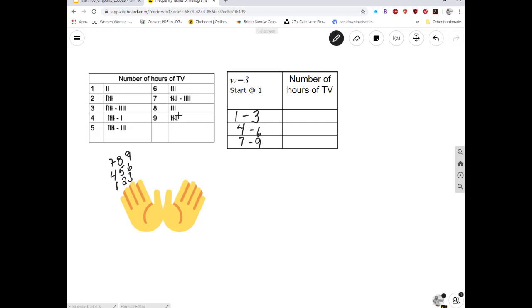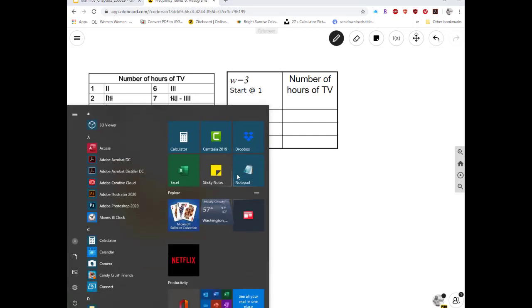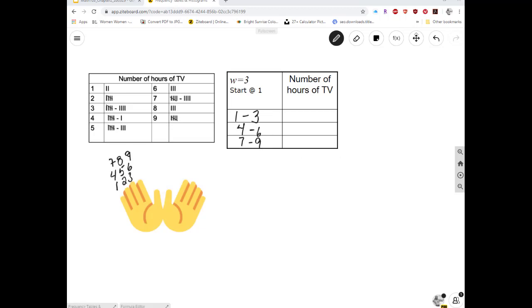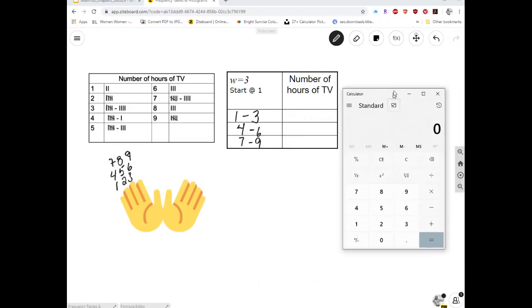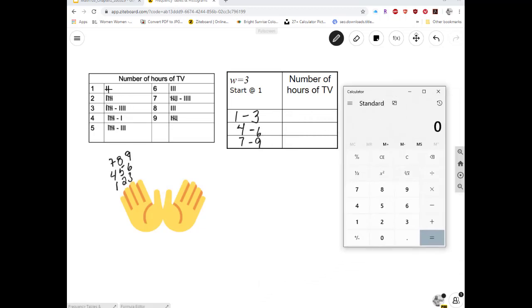Now I need to come over here and add up to see what the frequencies are for all the people that watch TV between 1 to 3 hours. So I'm going to pop up my calculator here so that you can see how I'm adding things up. I'm going to add up everybody that watched television from 1 to 3 hours.